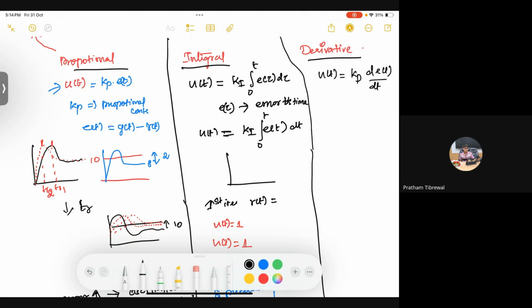In derivative control, instead of the integral it takes the derivative of the error, and it will make a control action accordingly. The main idea behind this is it reacts to the rate of change of error.